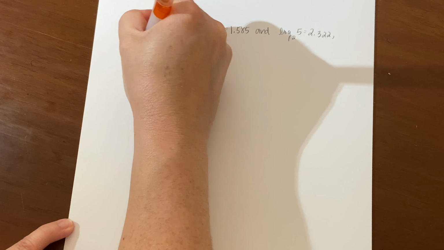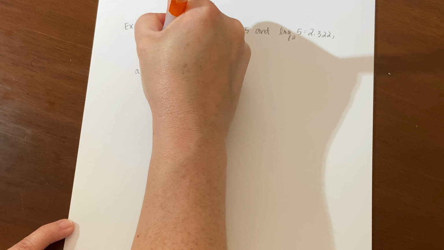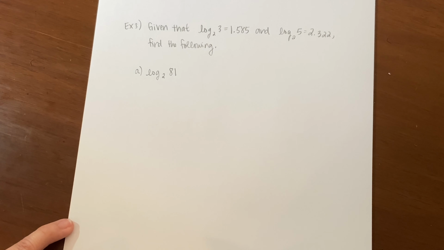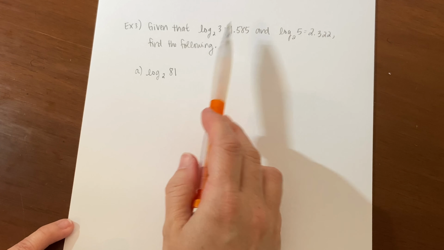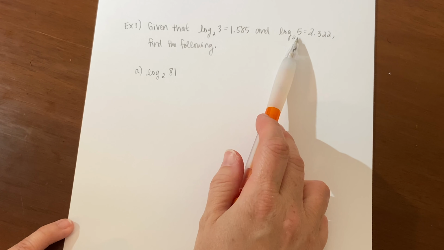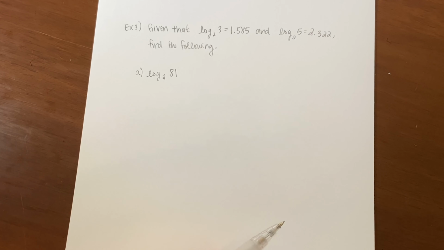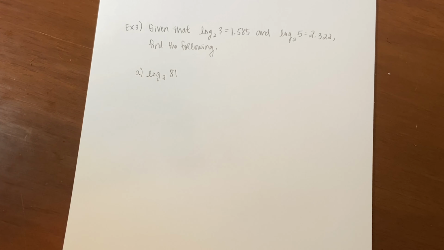So if we have log base 2 of 81, well, they didn't give us 81. They gave us 3 and they gave us 5. So that's what we have to work with. So what we have to think of is how can we rewrite 81 using 3 or 5?